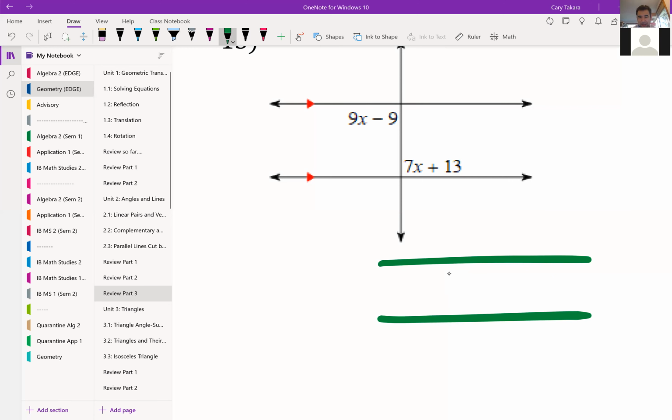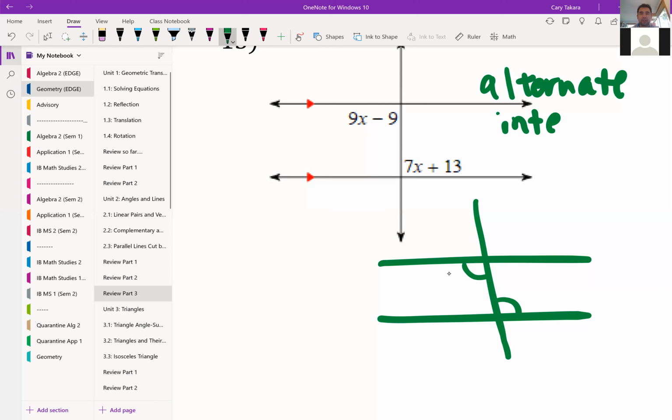It's a little weird, but let's say it is this angle and this angle, isn't it? What do you call that? That's an alternate interior angle. So the first part of the answer will be alternate interior.